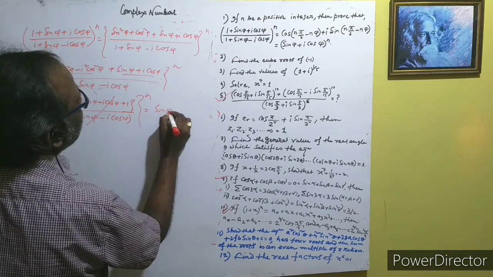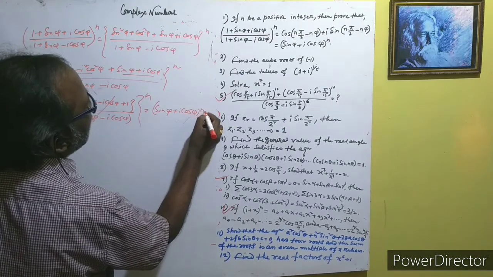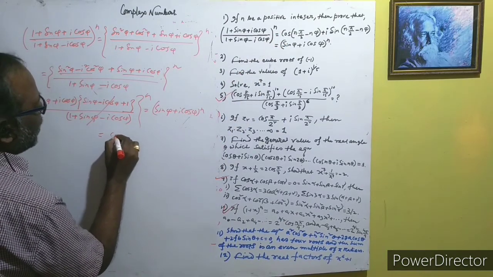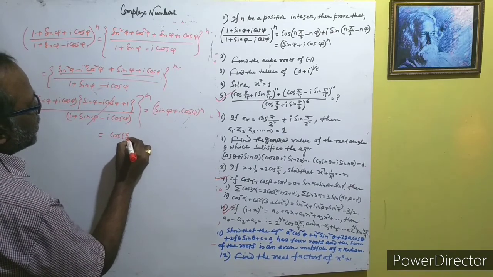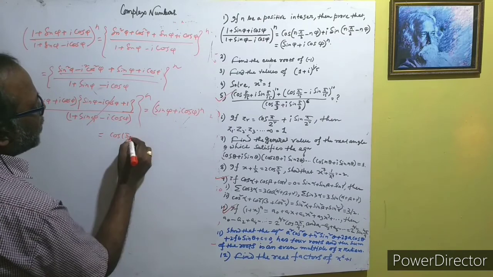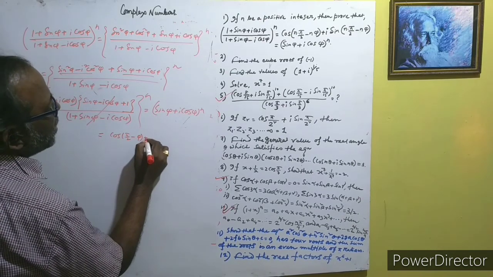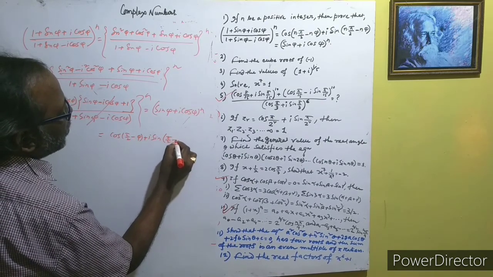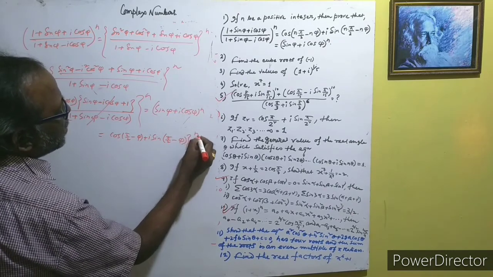So you can write here (sin phi plus i cos phi) to the power n, and from the middle part we can write cos of (90 minus theta) as sin, so this is sin (pi by 2 minus phi) plus i cos (pi by 2 minus phi), and this is to the power n here.